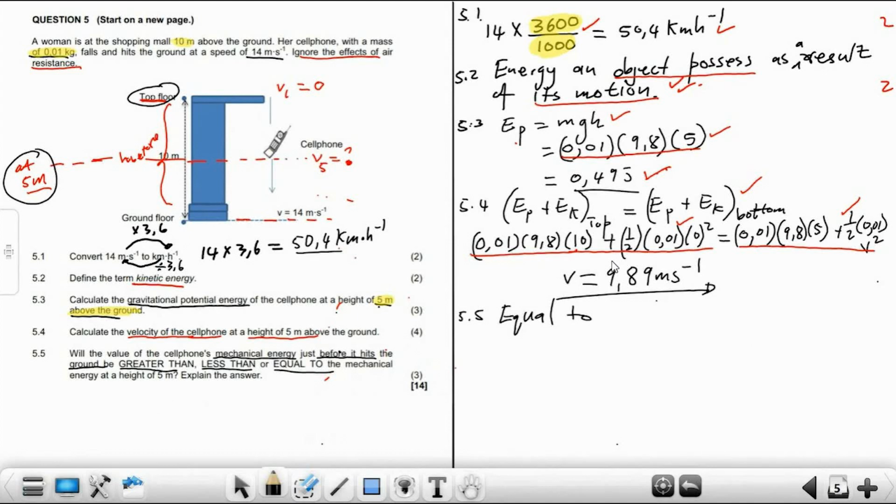Because what do we say when we define the principle of conservation of mechanical energy? We say the total mechanical energy of an isolated system is conserved.